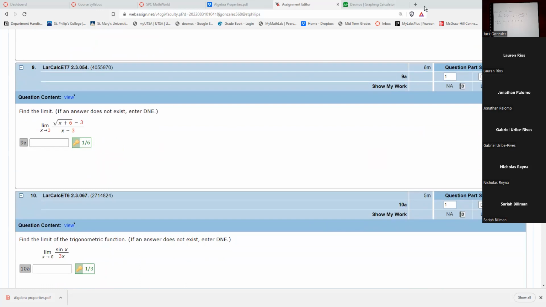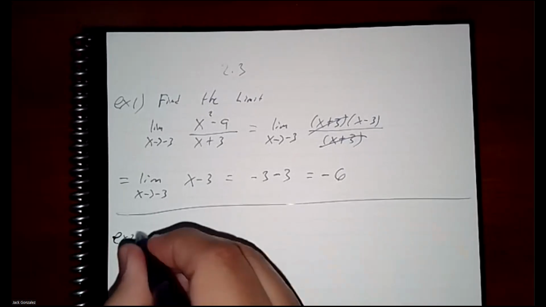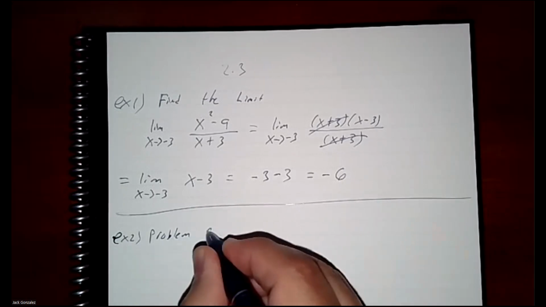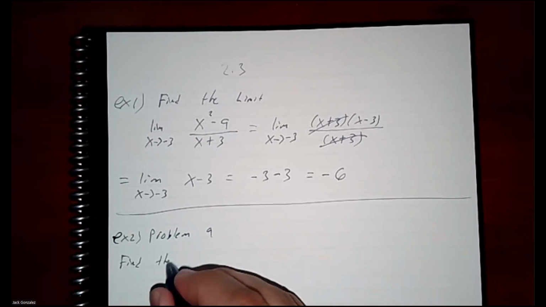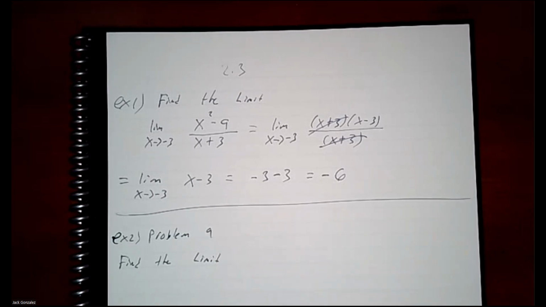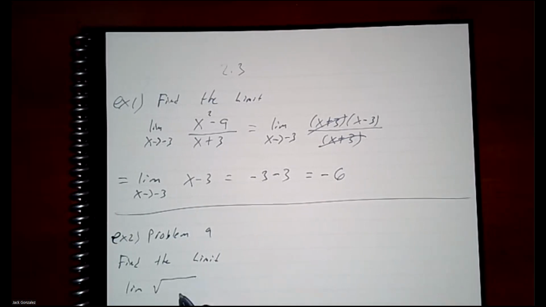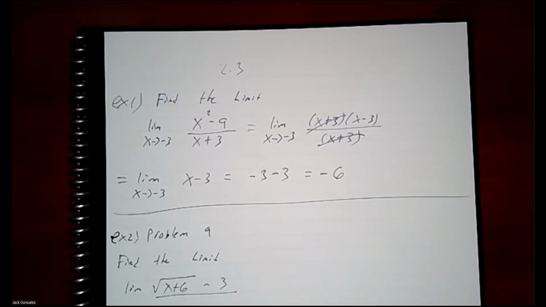Let's do number 9. Find the limit. Okay. So the limit of the square root of x plus 6 minus 3 over x minus 3.